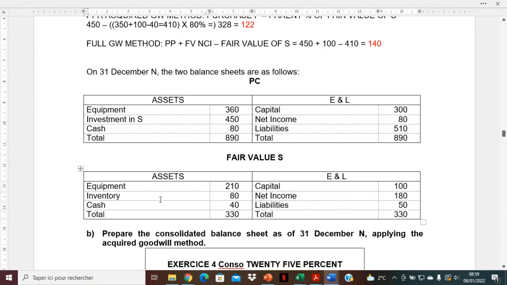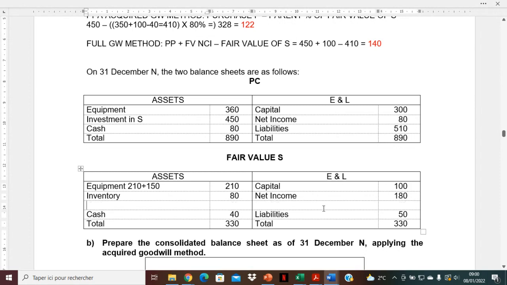Remember, when I fair valued S in April, I did not modify the official balance sheet. So in the official balance sheet of S, what is still missing is the valuation difference that I had last time, the 150, and I need to add it back. What is also missing in the balance sheet is the brand name of the subsidiary.